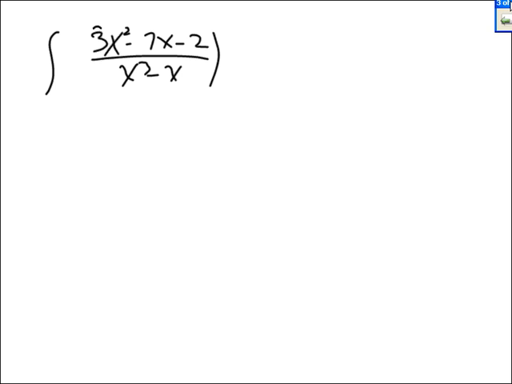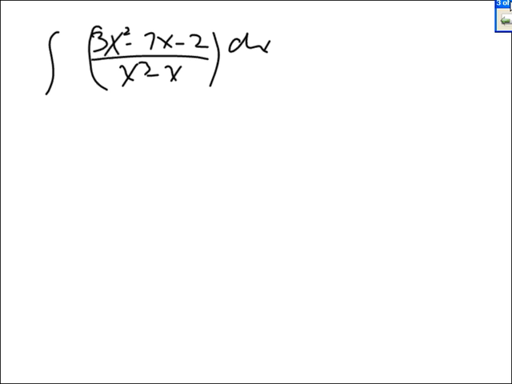Okay, these are somewhat boring because when we factor the denominators, we always got linear factors, first degree factors. What if we didn't? What if we got something larger than first degree? What if you have the integral of 3x squared minus 7x minus 2 all over x cubed minus x times dx?